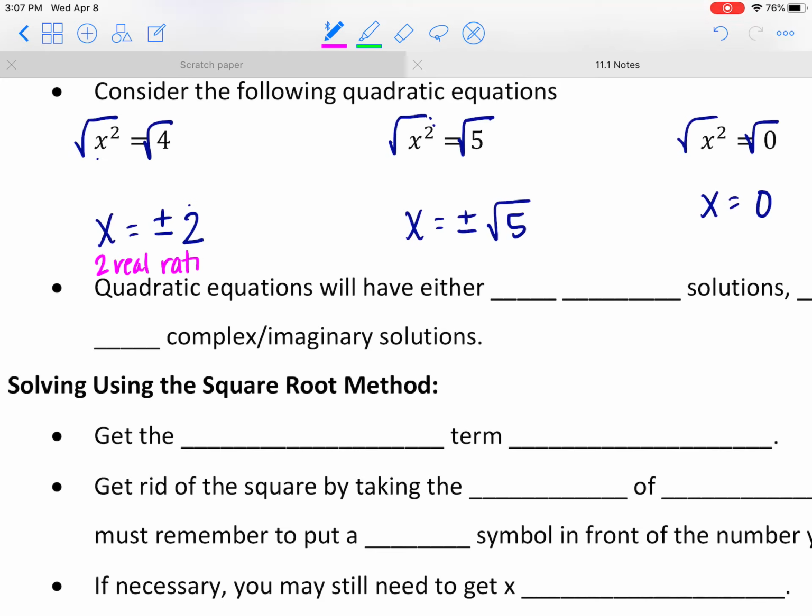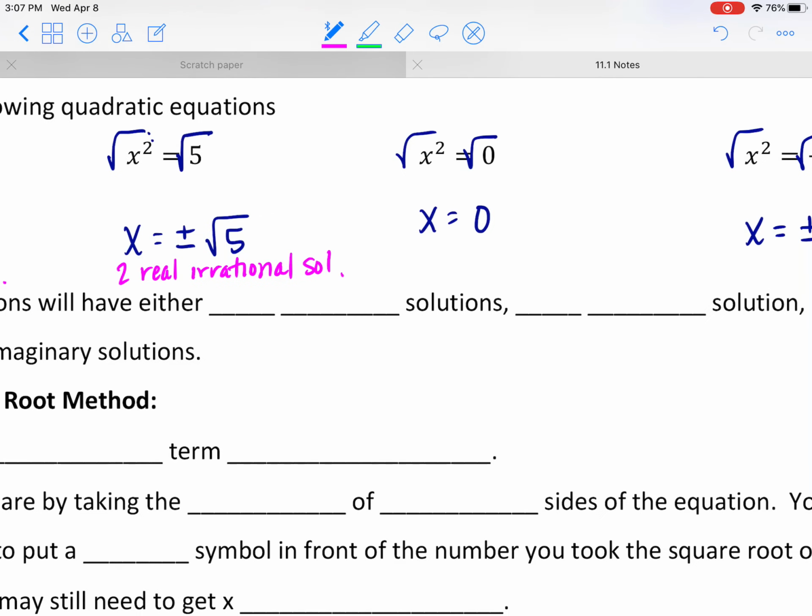Specifically, these are how the solutions can occur with quadratics. If we look at the first two solutions, if I was to describe these two solutions, they are real numbers and they are rational numbers. So this would be two real and rational solutions. Now these two real solutions are still real, but they're irrational.